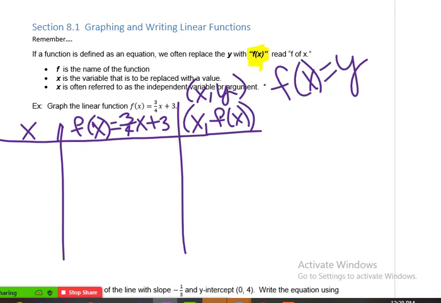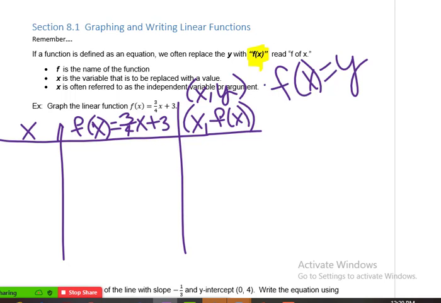They just look different. So when I look at the function f of x is equal to 3/4 x plus 3, I'm going to use what we call a smart value for x, because I have a fraction. And I don't want fractions when I graph. You can, but I don't want that. I see that if x was a multiple of 4, then the denominator would be gone.